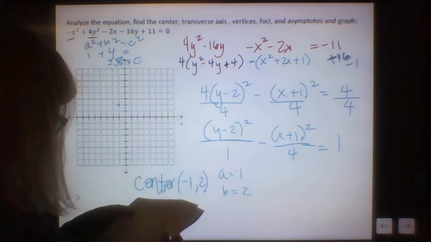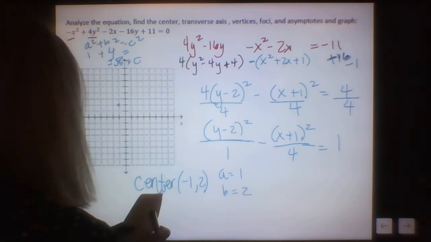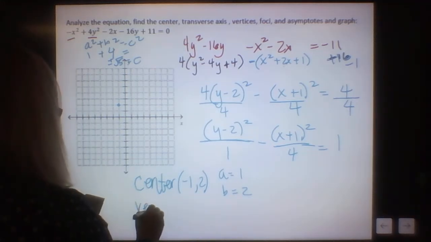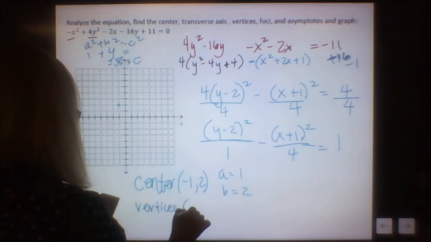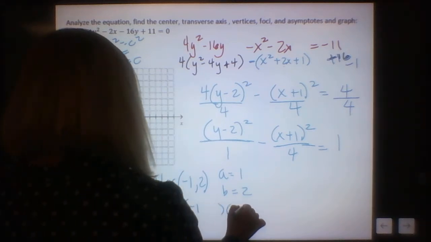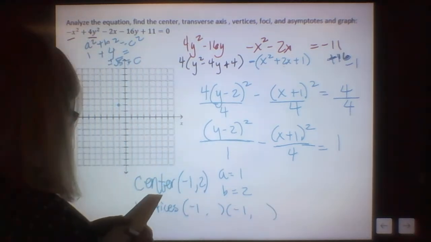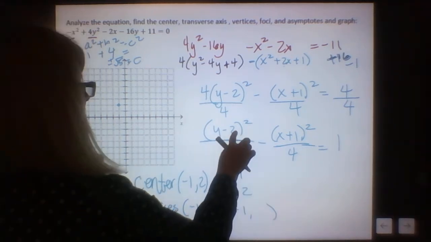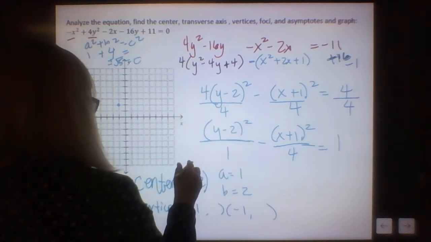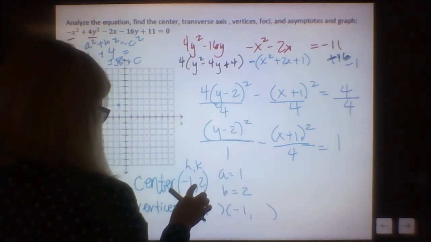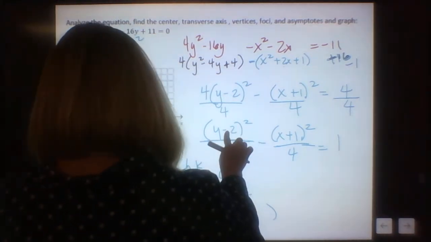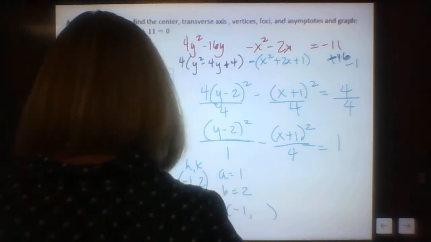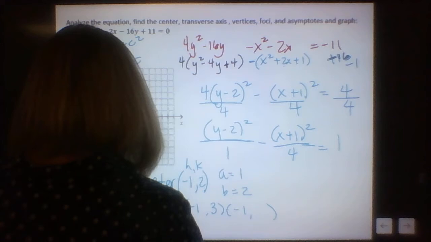So my vertices are going to be H, -1, something, and it's going to be K plus or minus A. So K, which is 2, K plus or minus A. So 2, so 3 and -2.